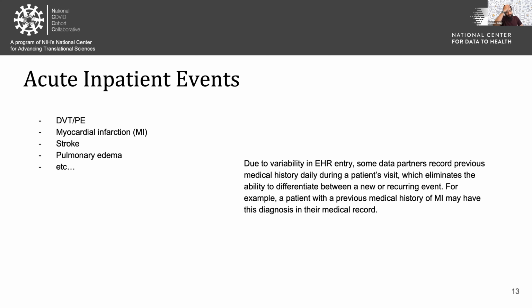For example, a patient might come in with a medical history of MI, and because that's on their medical record and their medical history, that shows up with a timestamp for that specific day during their entire visit. And that doesn't mean they're having MIs every single day. It just means that we can't resolve whether the record of MI is a consequence of that data reporting pattern, or that patient may have actually also had an MI during their hospitalization, and we can't distinguish between them.